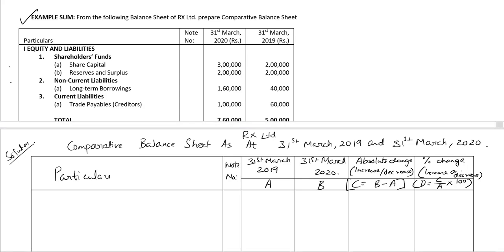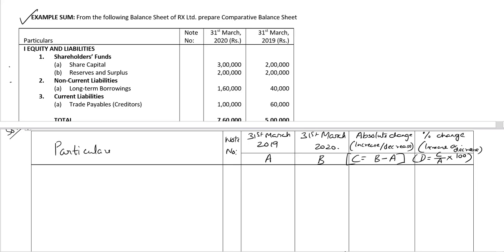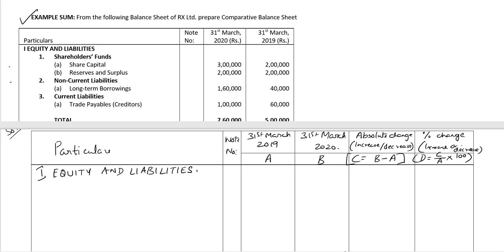Let's begin by listing down the particulars. Roman number 1, equity and liabilities. We have 1 as shareholders' funds.